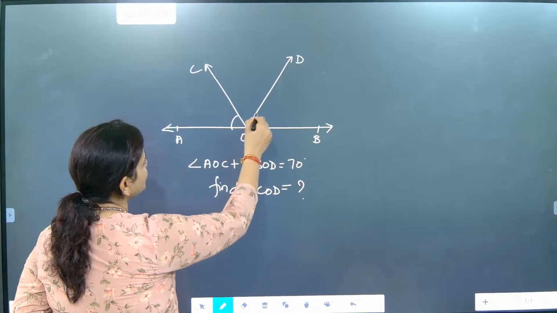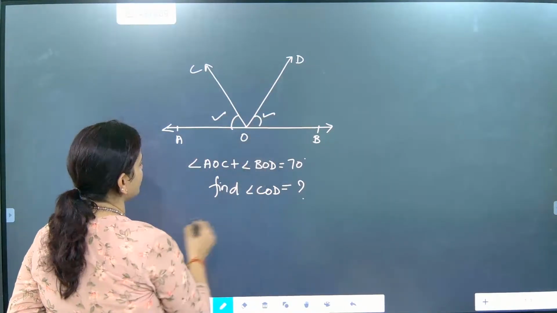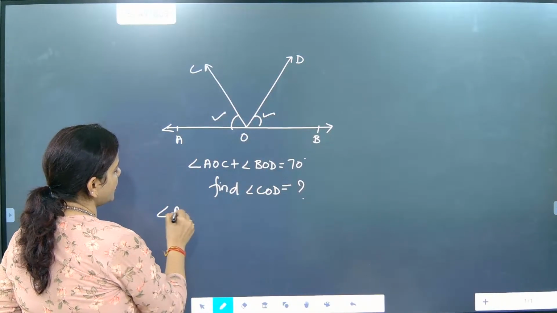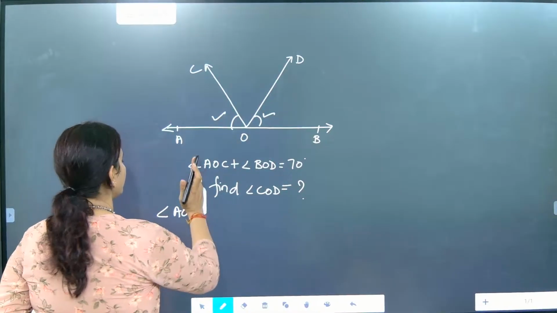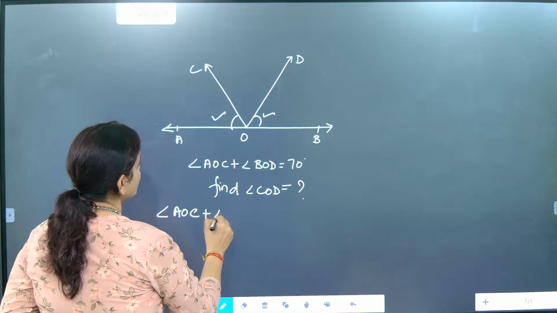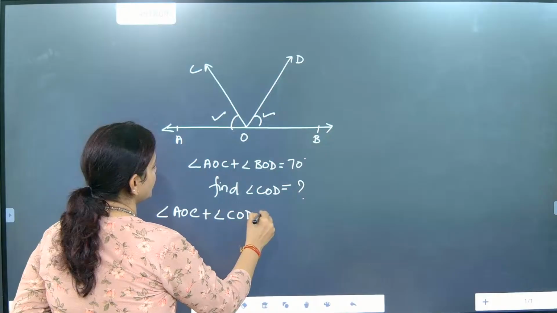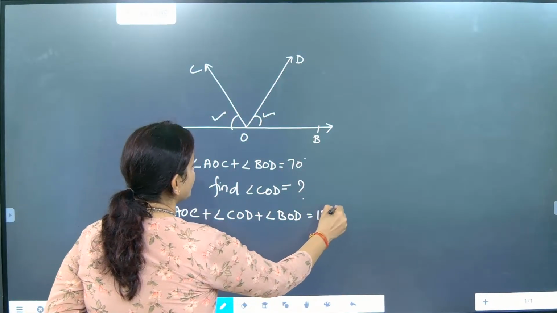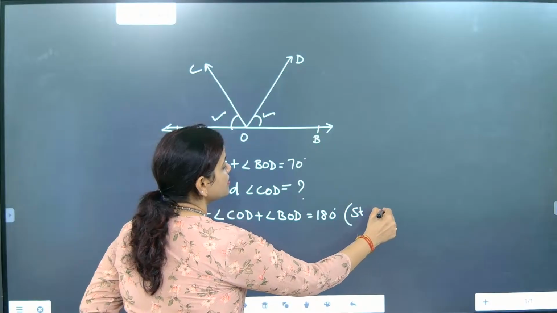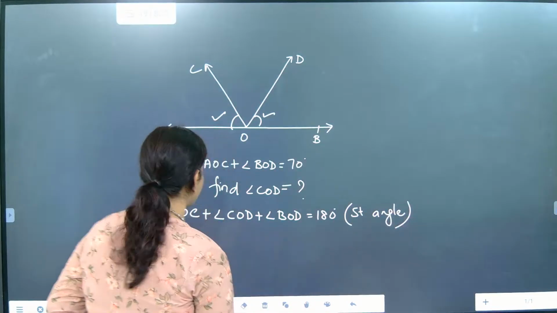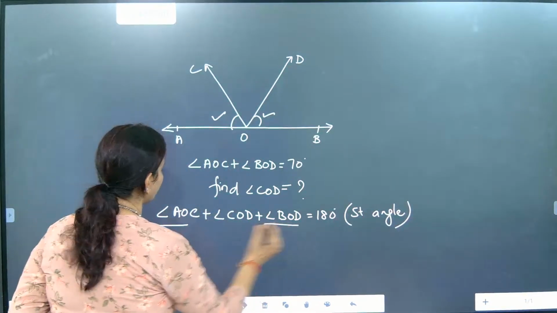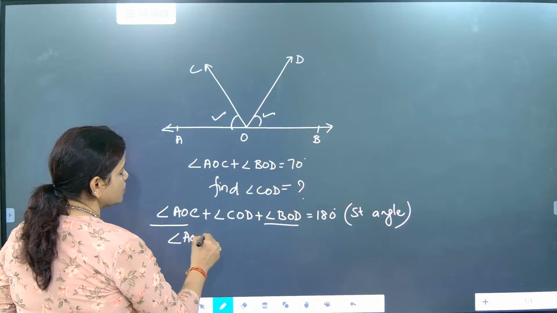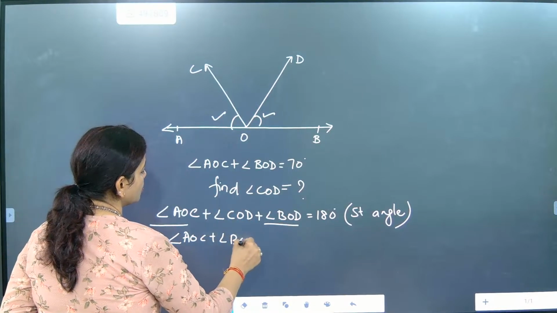The sum of these two is given. So we know angle AOC plus angle COD plus angle BOD is equal to 180 degrees. That is a straight angle, not a linear plane. Don't write linear plane. So this plus this is already given. How to write it in your notebook?